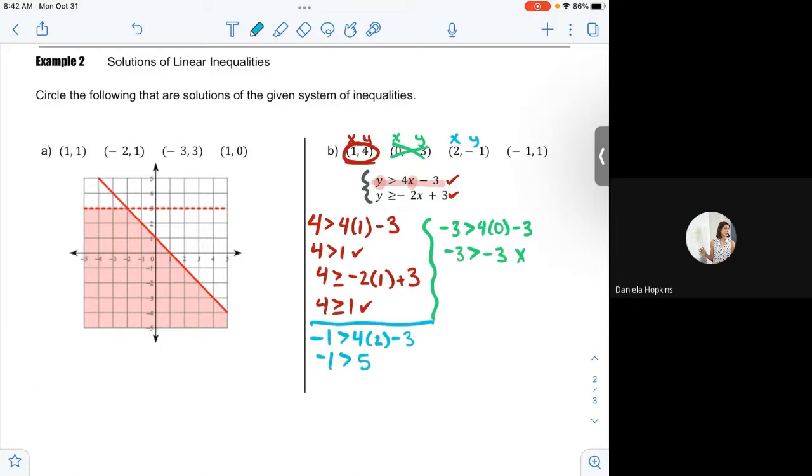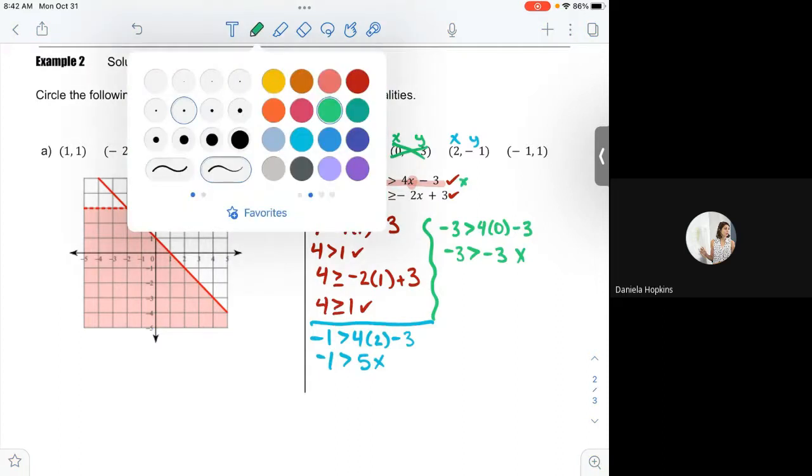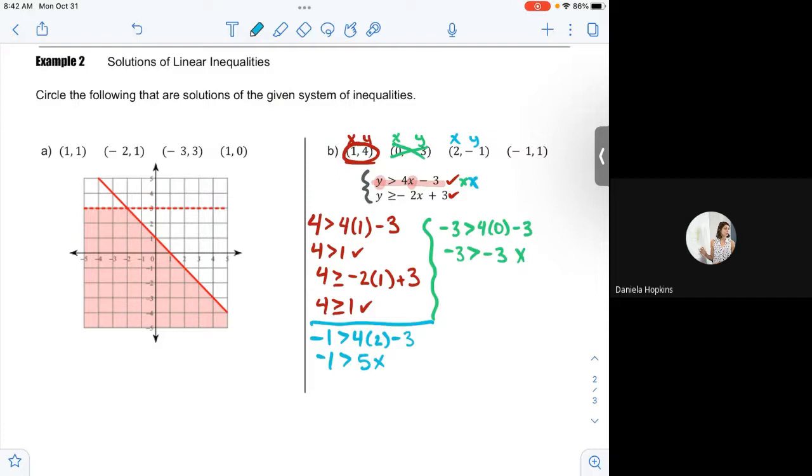Again, I'm at a full stop here. -1 is not greater than 5. Since this is not true, and sorry, I should have put a green X there, that means this is not a solution. Sorry, that looks like I'm saying X there, but I'm just saying that's not true.